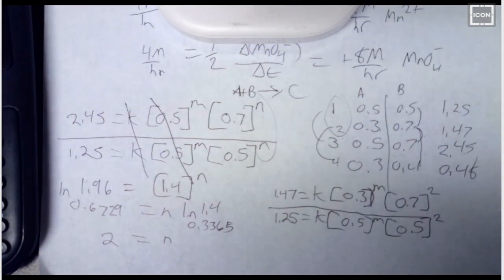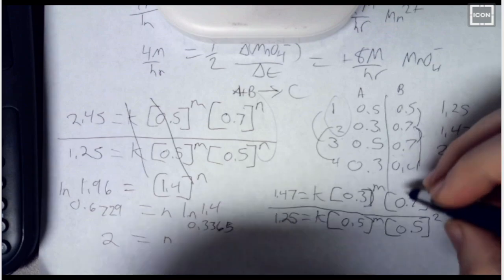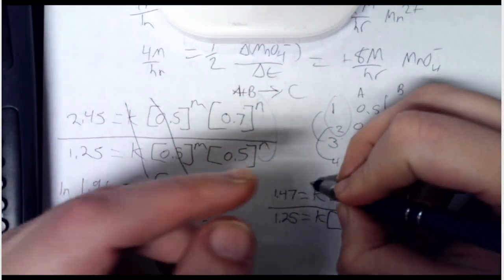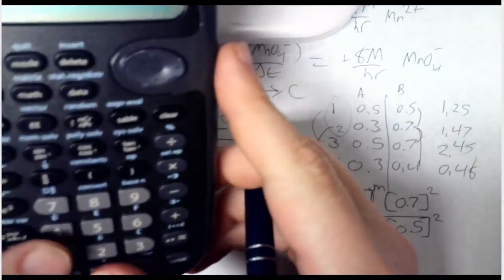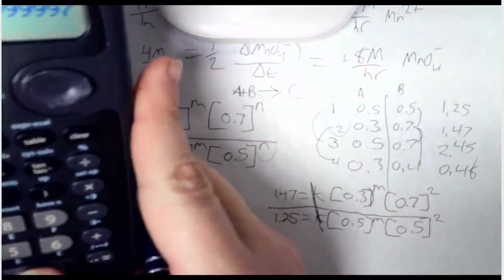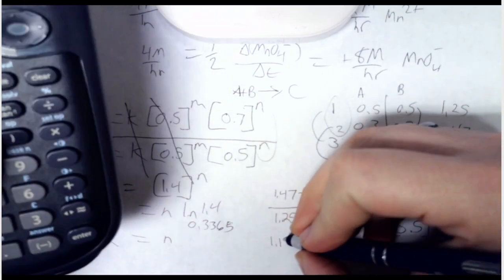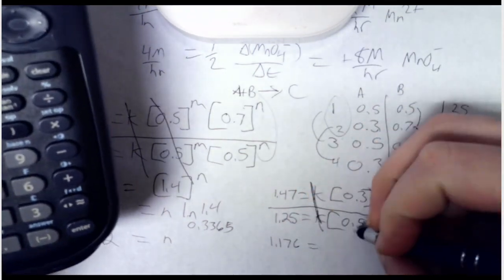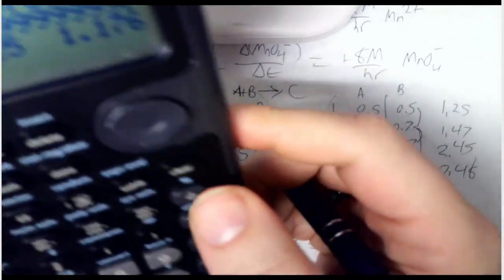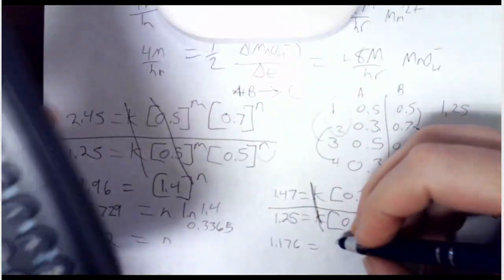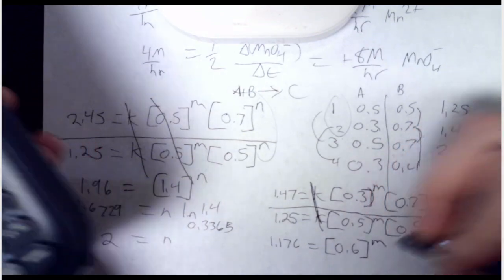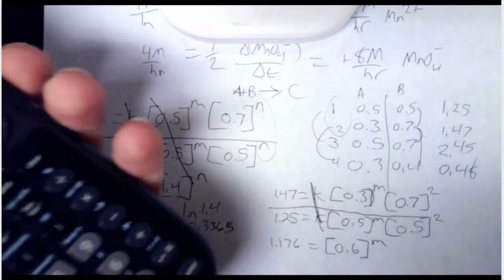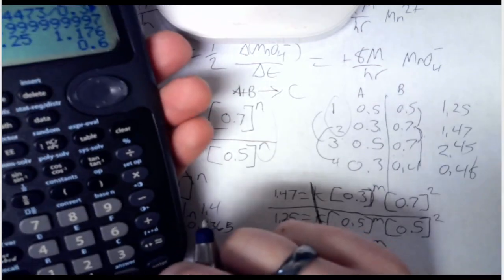So with that in mind, the only thing we can cancel out is K. I'm doing the harder step on purpose. 1.25 goes on the other side, and so this gives us 1.176. We have in ratio 0.3 over 0.5 is 0.6 to the m. Since these don't cancel out, I have to evaluate.